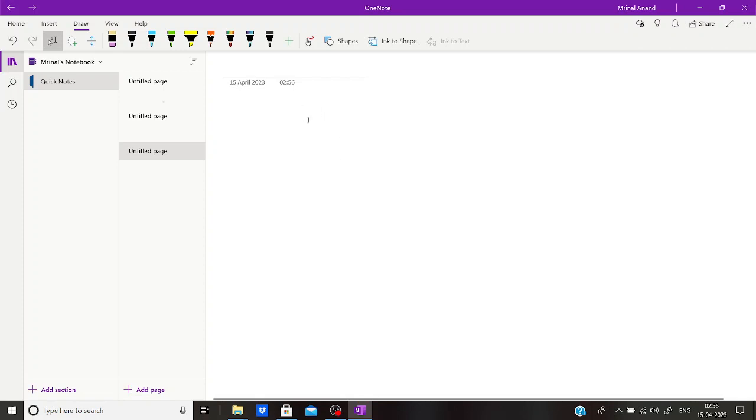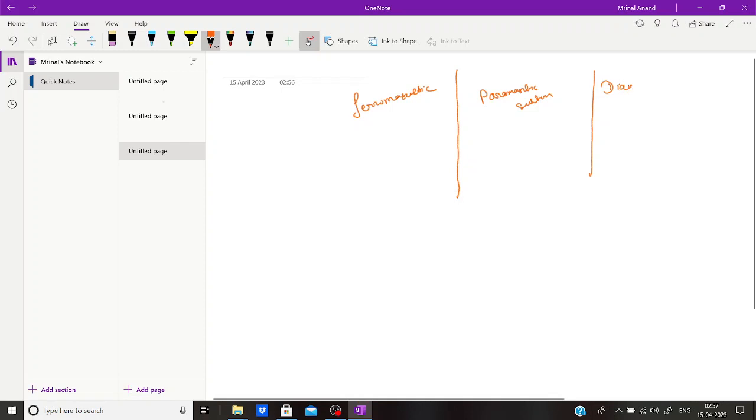Basically we have three types of substances that we are going to learn. The first one is ferromagnetic substances, the second is paramagnetic substances, and the third is diamagnetic substances.